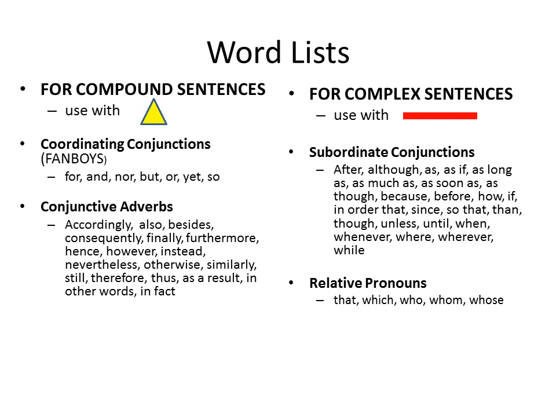And here's a brief list of conjunctive adverbs: accordingly, also, besides, consequently, finally, furthermore, hence, however, instead, nevertheless, otherwise, similarly, still, therefore, thus, as a result, in other words, in fact. And as these are comprised of adverbs, and there are many adverbs in the English language, this list can be quite long.